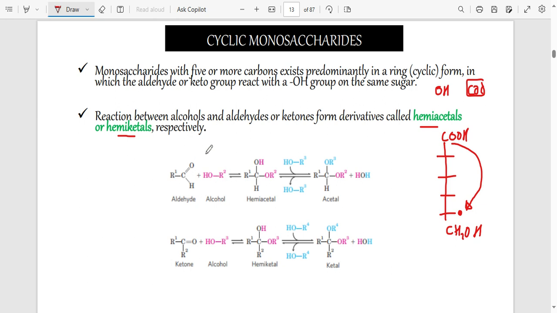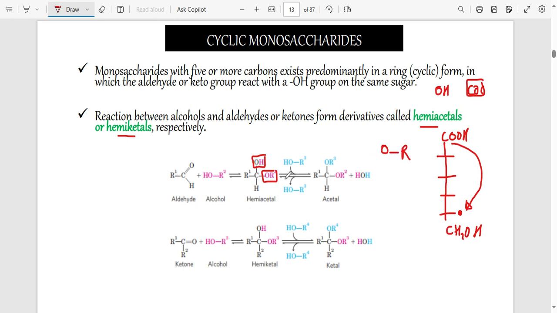But what you just need to understand is that when an aldehyde or a ketone reacts with an alcohol, they can form a hemiacetal. A hemiacetal is a compound that has an OH functional group and also this group, which we call an ether. Oxygen bonded to some other group, that's an ether. That is a hemiacetal.